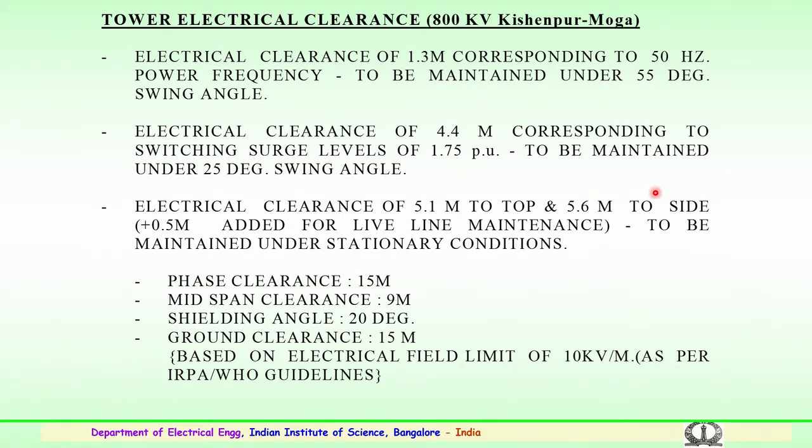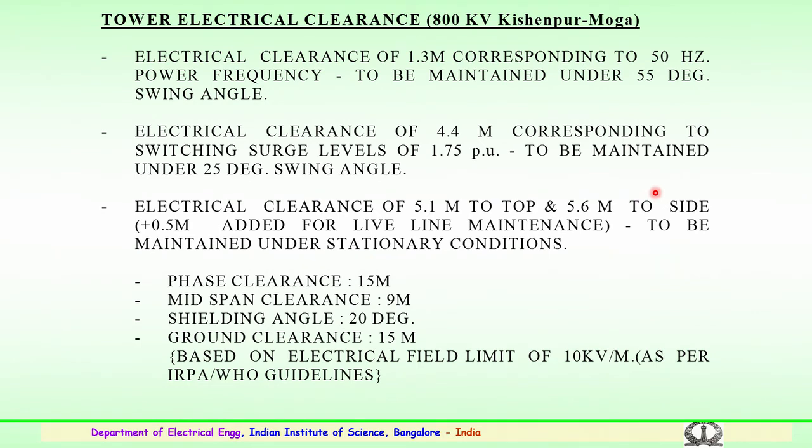The electrical clearance of 4.4 meters corresponds to the switching surge levels or switching impulse levels, normally considered 1.75 per unit, which have to be maintained under 25 degree swing angle. The electrical clearances of 5.1 meter to top and 5.6 meter to the side are added for live line maintenance, in case live line maintenance has to be carried out.